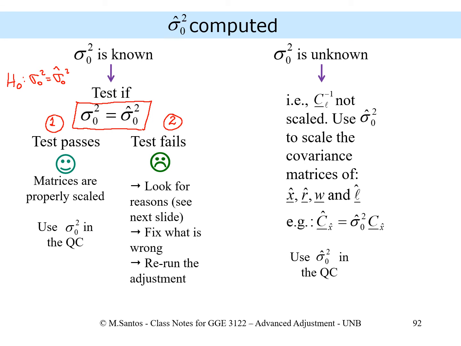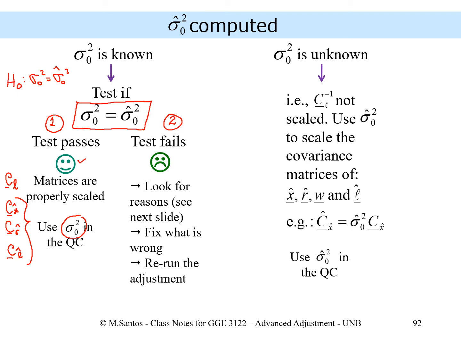What does it mean? It means that the matrices are properly scaled. Not just the covariance matrix of the observations, but all the other covariance matrices that we compute are properly scaled. We don't need to do anything else with them. Just go and use them. And we can use the a priori variance factor in the quality control, using all these properly scaled matrices. So we are happy. Life is beautiful.